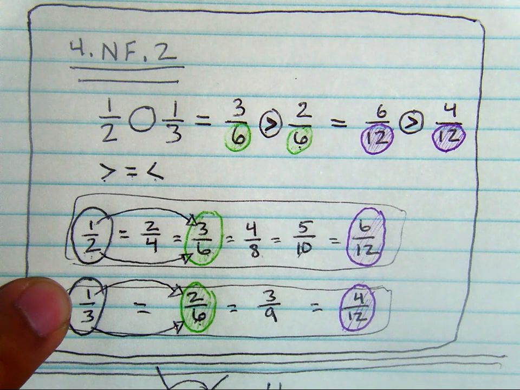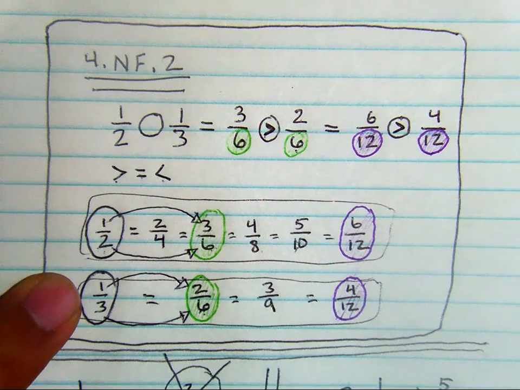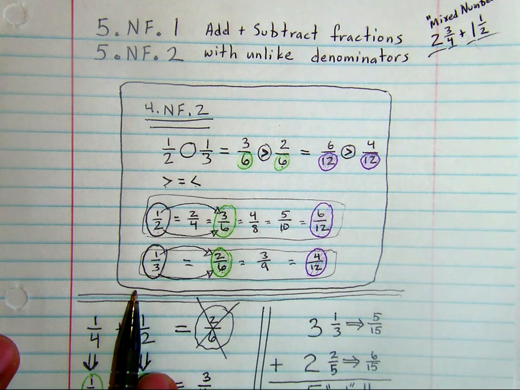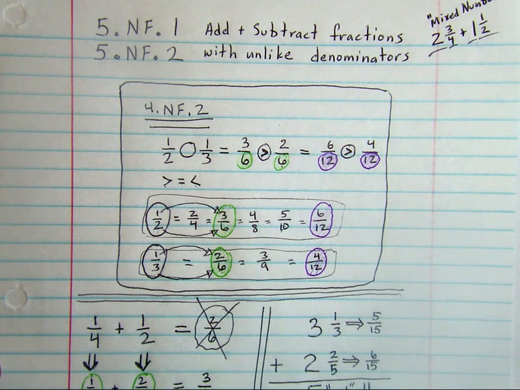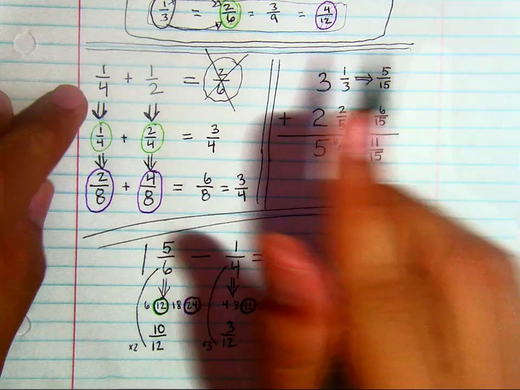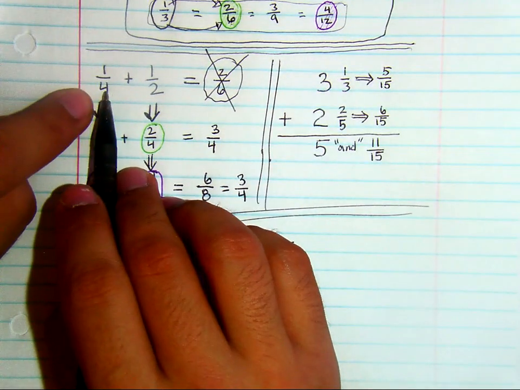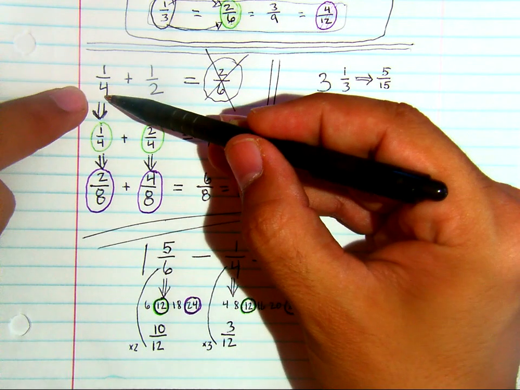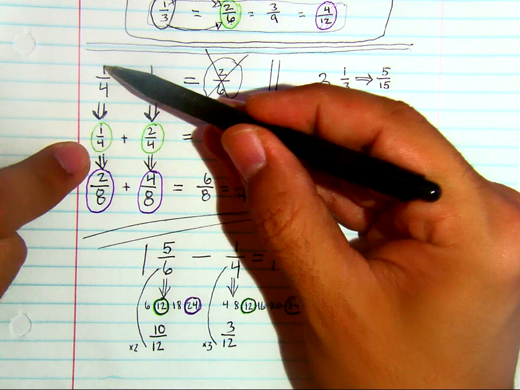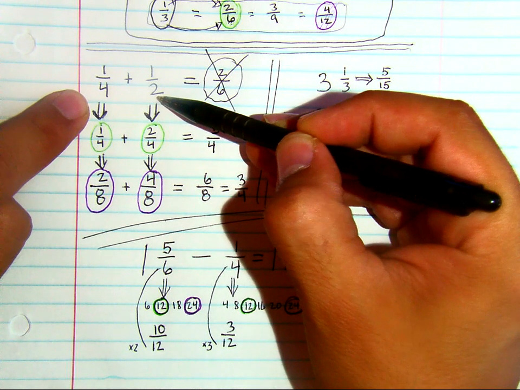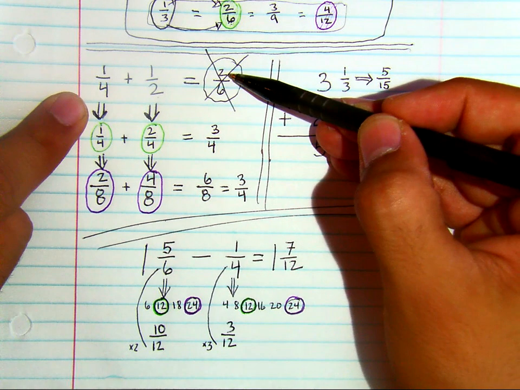So this, as a 4th grade standard, is the concept you were supposed to walk away with. Now, when we go into 5th grade and we start looking at examples of adding and subtracting fractions with unlike denominators, we can see how that concept is now being exercised, where 1/4 plus 1/2 is not going to equal 2/6.